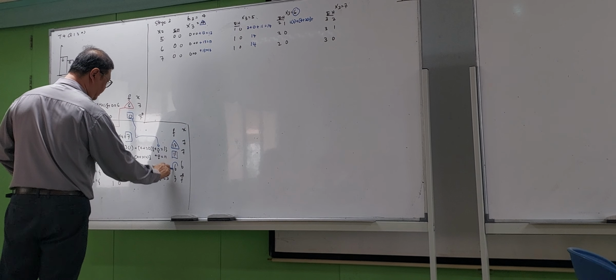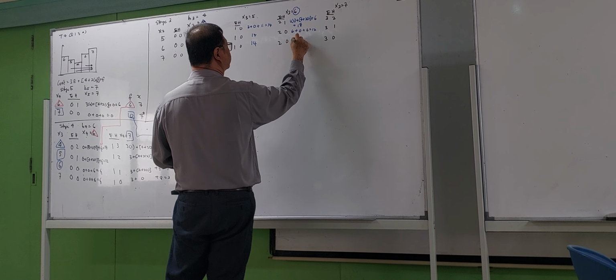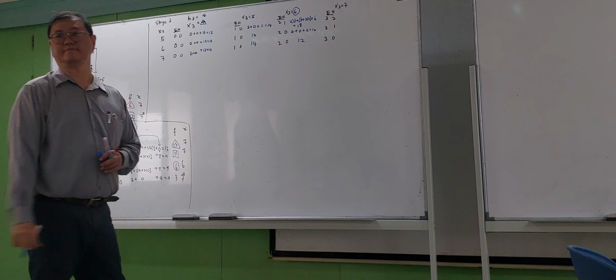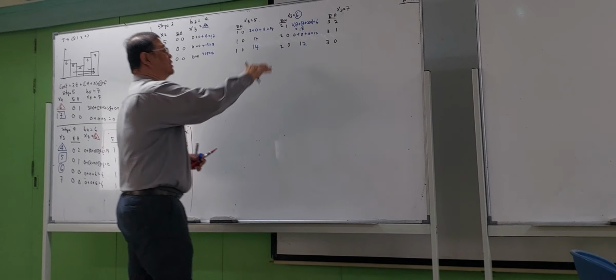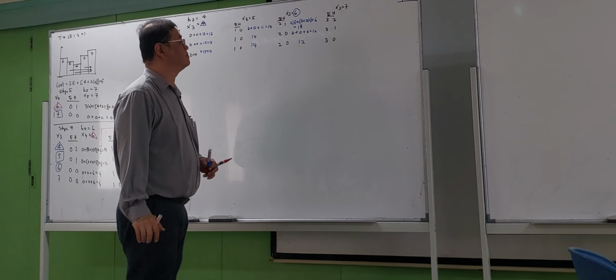So 3 times 2 is 6, plus 6. If H is 0, okay? In the same column, when the values are the same, the value must be the same. Then here, 3E plus 4 plus 2H. 7. If there is a number, and if there is no number, it's 0. Okay? So 7. The theory behind it.